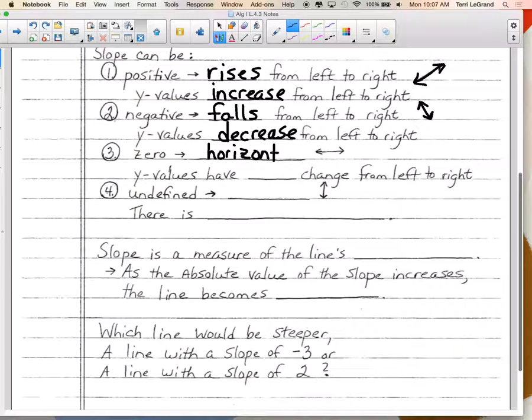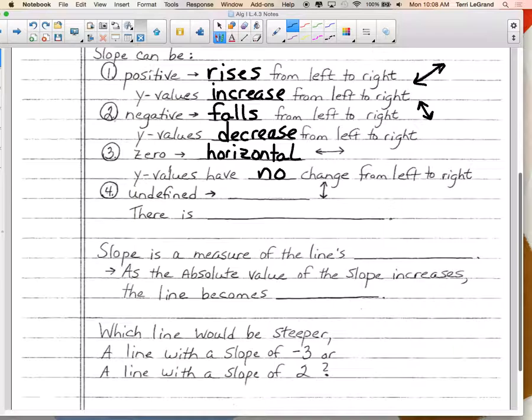There is no falling or rising from left to right. It is horizontal. There is no change. So the y values have no change from left to right. Only the x values are changing. The y values are not. So when we have a horizontal line, we have a 0 slope.